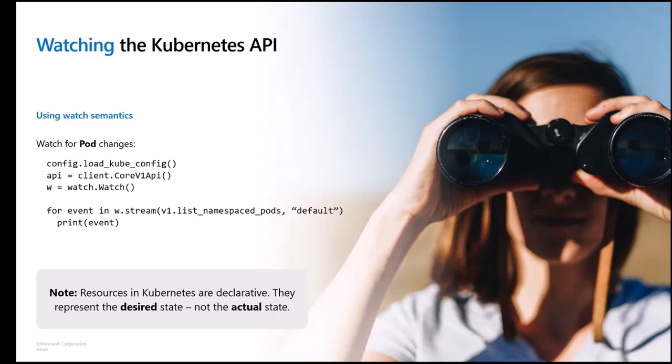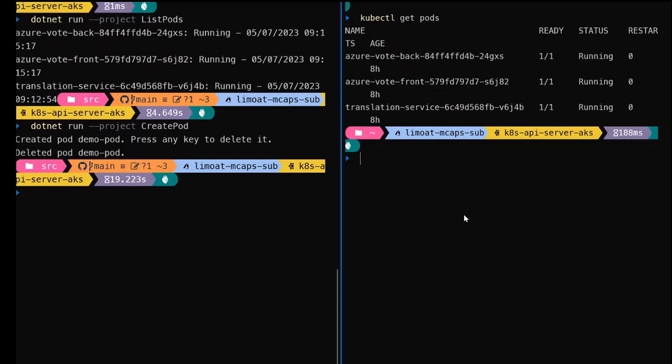And there's an example here again in Python. All of our client tools wrap this watch API for us. So on the .NET side, we can create delegates and we can do event-driven callbacks. We don't have to worry about iterating over certain object types. So again, we'll have a look at another example here just to see this in action.